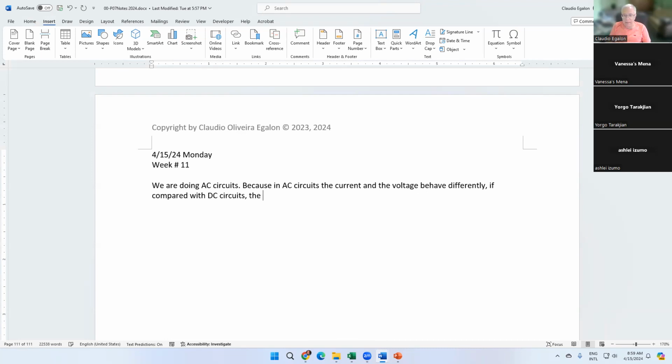Okay, the treatment is a little bit more complicated for AC circuits. The treatment ends up being a little bit more complicated.